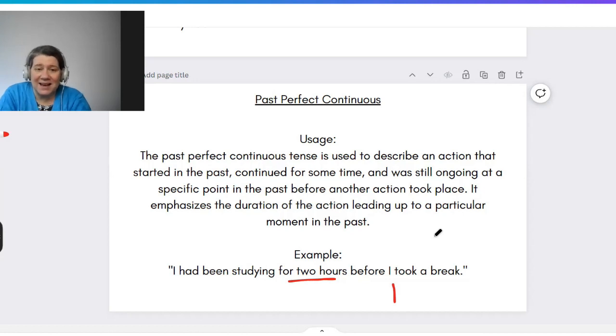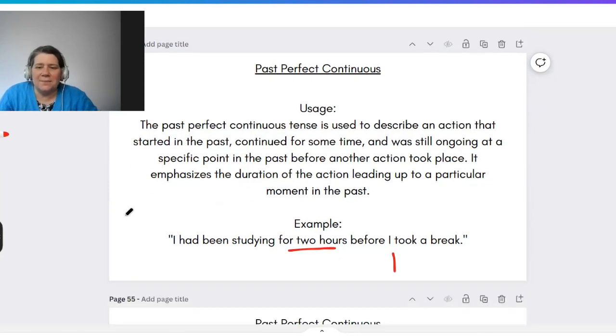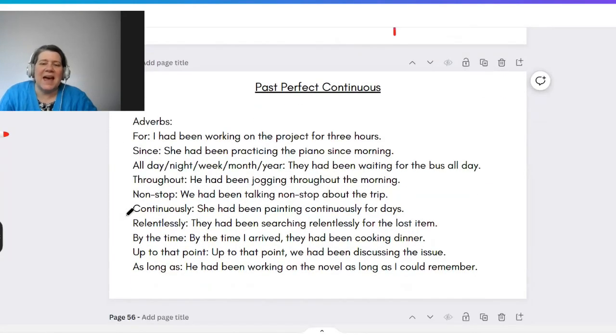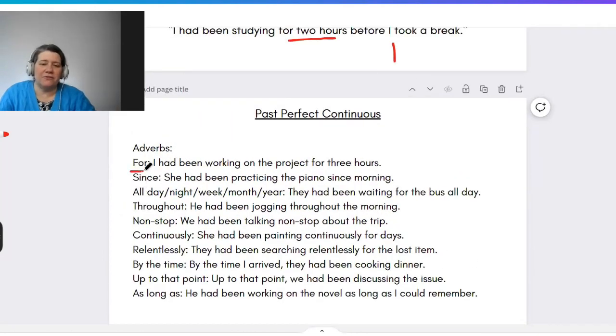My husband and I had been married for 9 months before we got pregnant with our first baby. 9 months. I'm focusing on the 9 months, not the having our first baby. Okay? Some of the adverbs we might use are for, since, all day, night, week, month, year, throughout, nonstop.